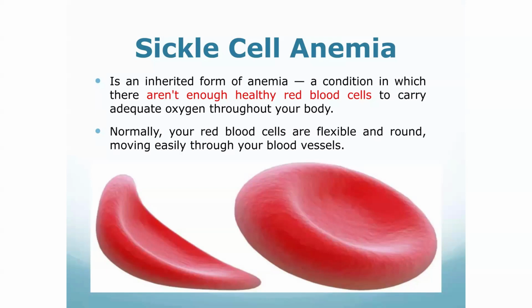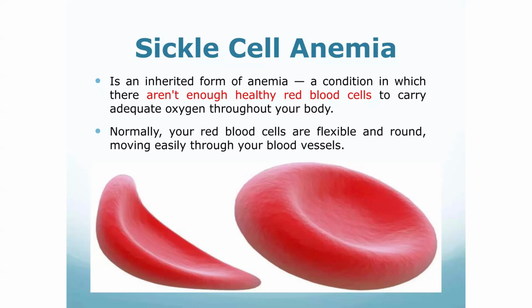Sickle cell anemia is an inherited disease, a genetic disease. Usually the disease is acquired through genetic inheritance from a sickle cell parent or from sickle cell carrier parents.